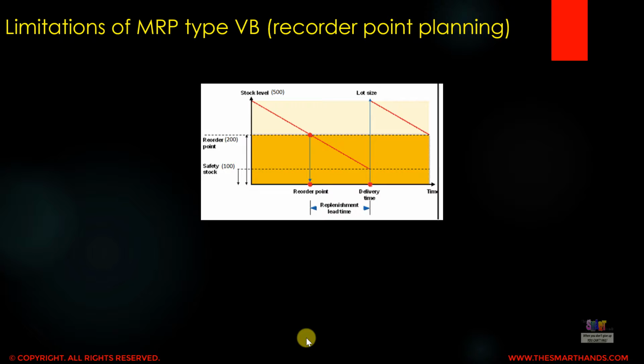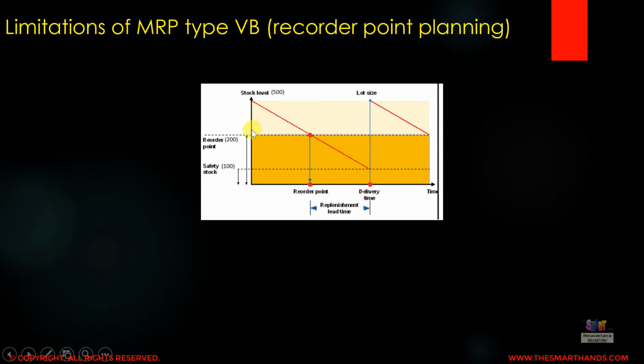Now we'll also check another most commonly used MRP type, which is VB, also known as reorder point planning. As the name says, this is basically reorder-based planning. We maintain a reorder point, and we also have a safety stock level and a maximum stock level. Say in this example we have safety stock 100, reorder point 200, and stock level 500.